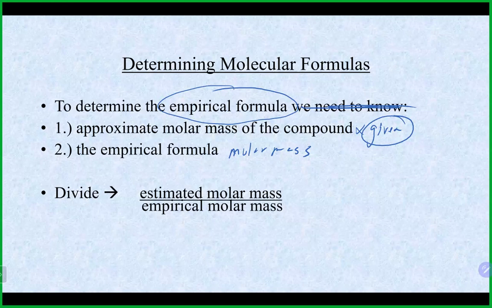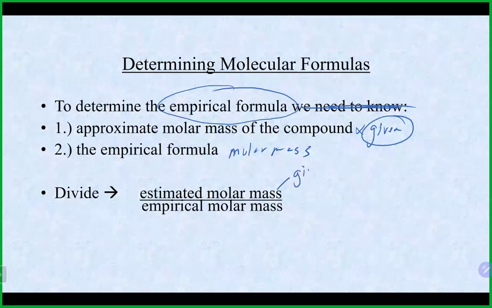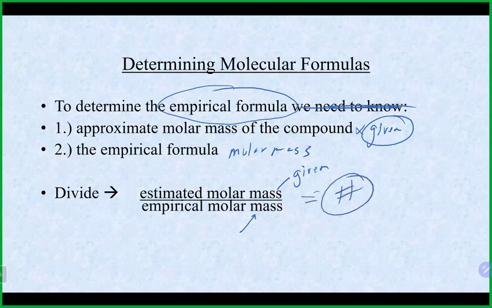So the two things that you really need at that point are the molar mass of the compound that was given to you and the molar mass of the empirical formula that you probably calculated, and what that's going to give you is a number when you divide those two. And that number is what you're going to multiply the empirical formula by to get to the molecular formula.